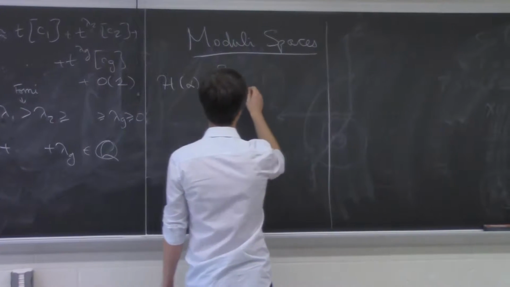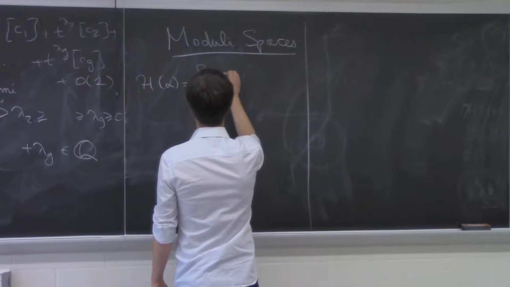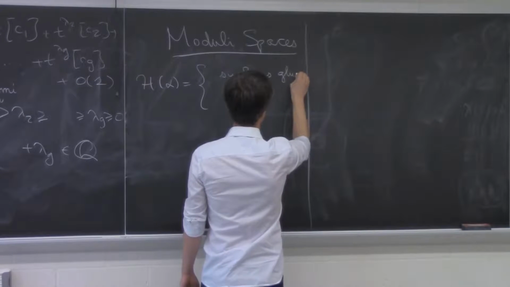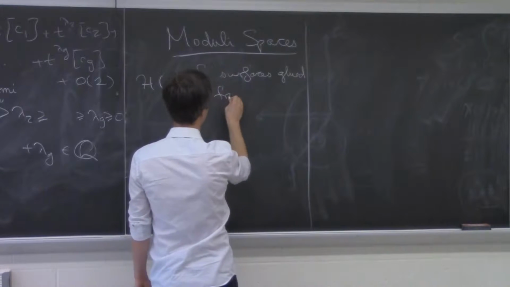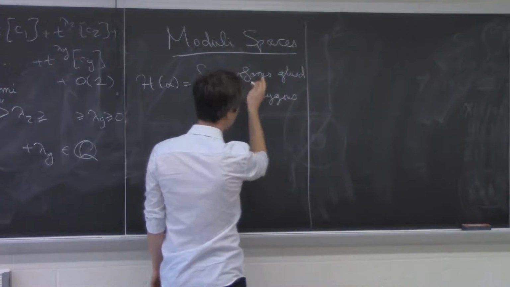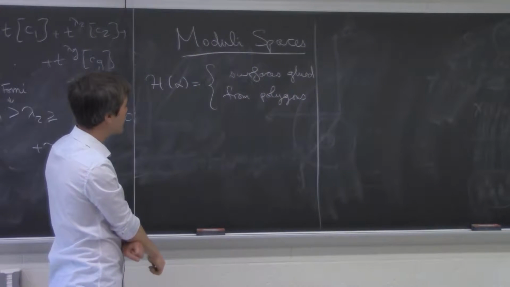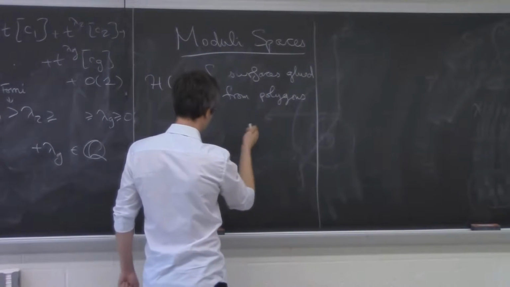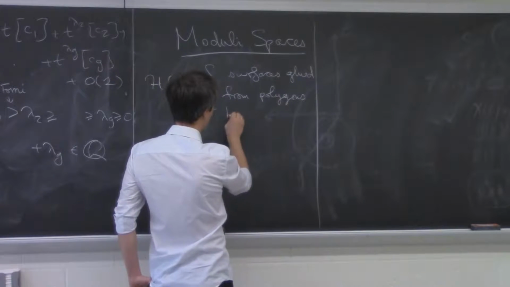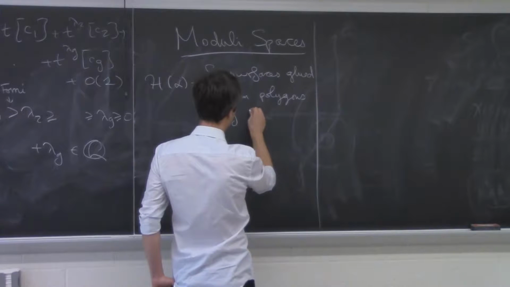So H alpha is surfaces glued out of polygons. I'm trying to describe it in this kind of informal way, but hopefully by example it'll be clear what I mean. So the surface is glued from polygons by translations.